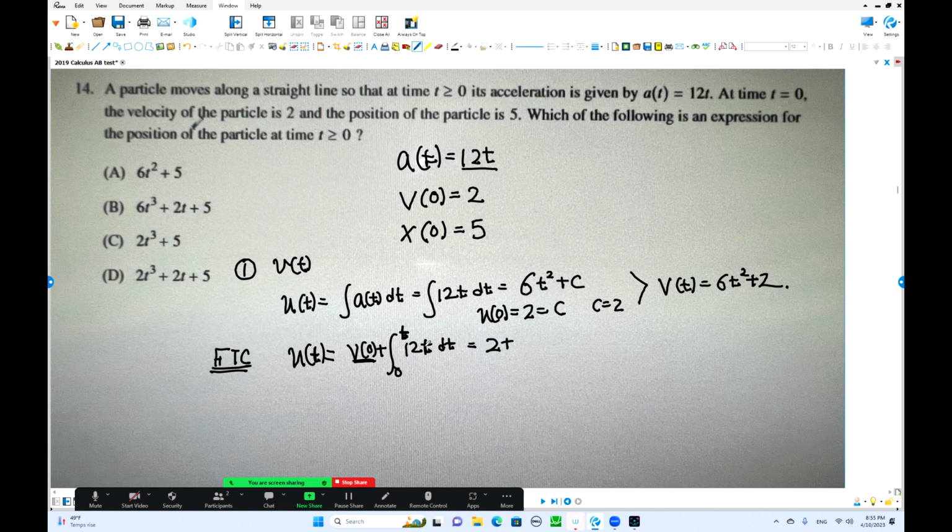You can change this one to another variable, it doesn't matter. After that, you can put in the t. So 2 plus the antiderivative of 12t, which is 6t squared, taken from 0 to t. 2 plus 6t squared, same thing.